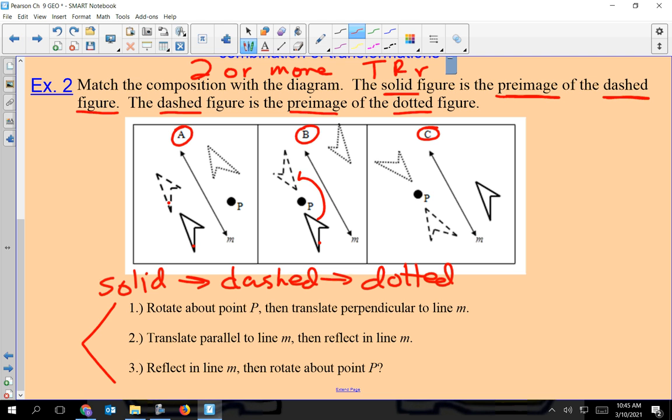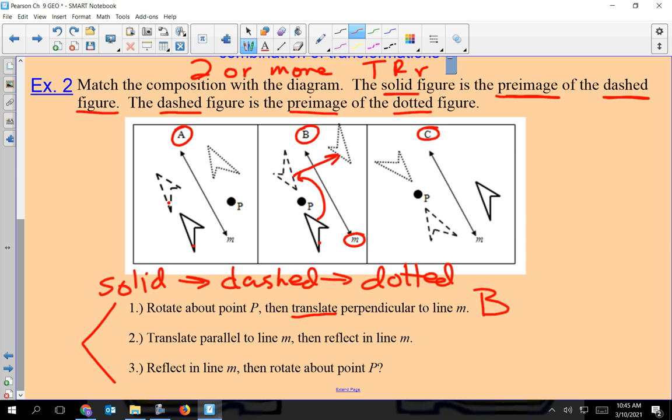It looks like I did. And then did I translate it perpendicular to line M? Well, did I shove it and keep it the same way? It looks like I did. So I believe that number 1 is B. Okay. So hopefully you can follow that.